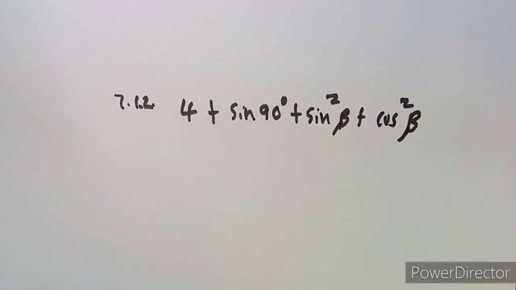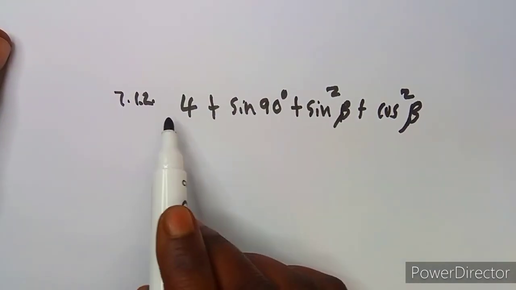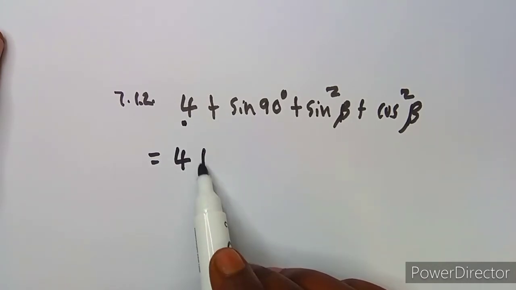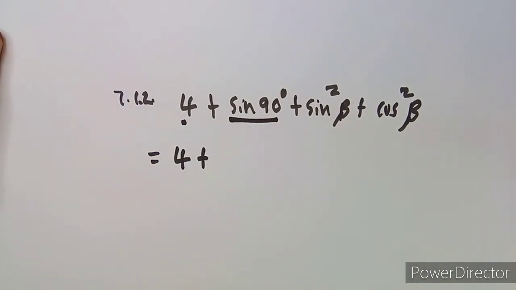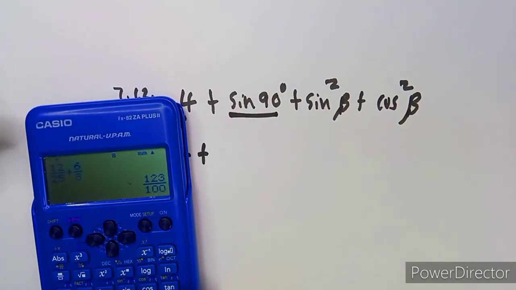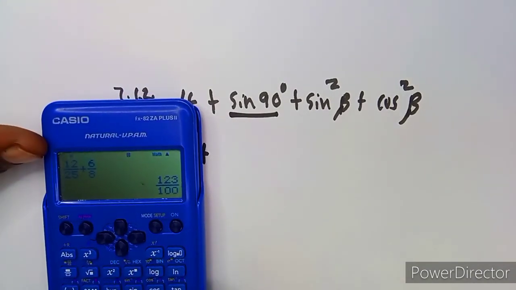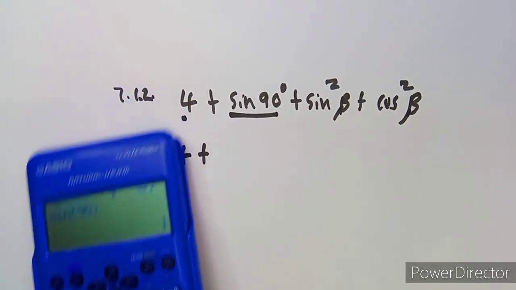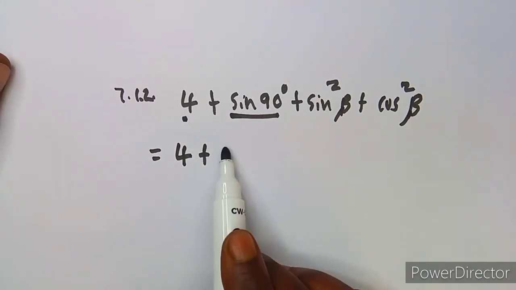All right, so what am I going to do? We are going to substitute here. There's nothing that you can do, you just substitute. Plus sine 90, you can just use your calculator to find the value of sine 90, which is a 1. So sine 90 degrees from your calculator, that's a 1, so you're going to add 1.